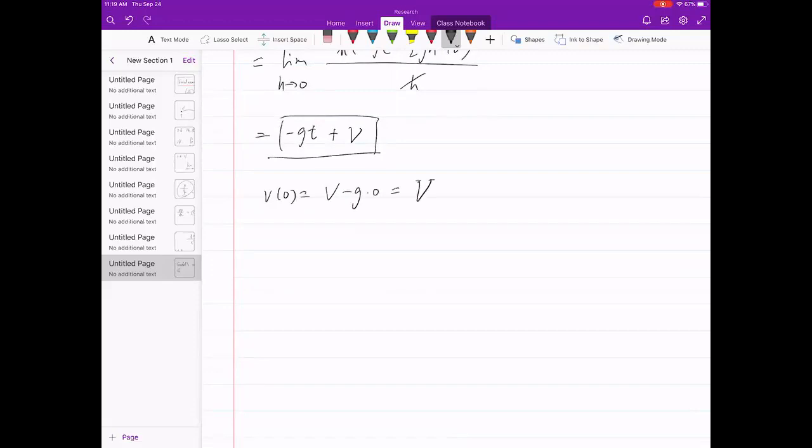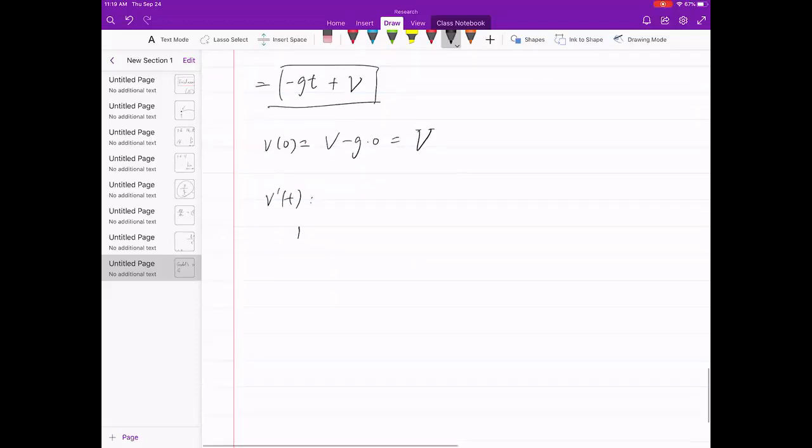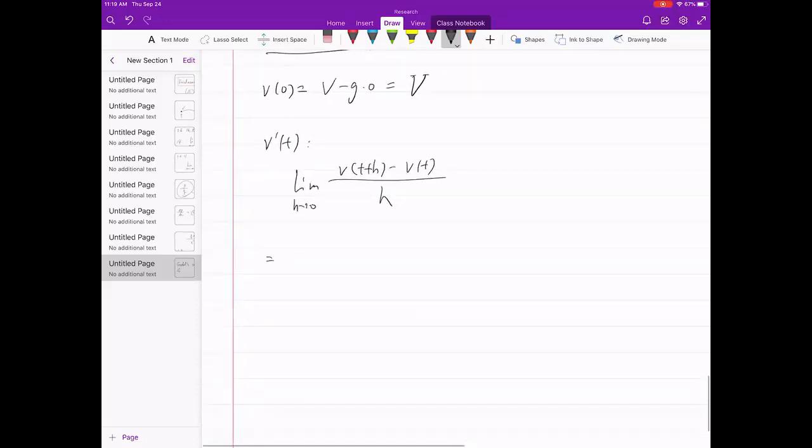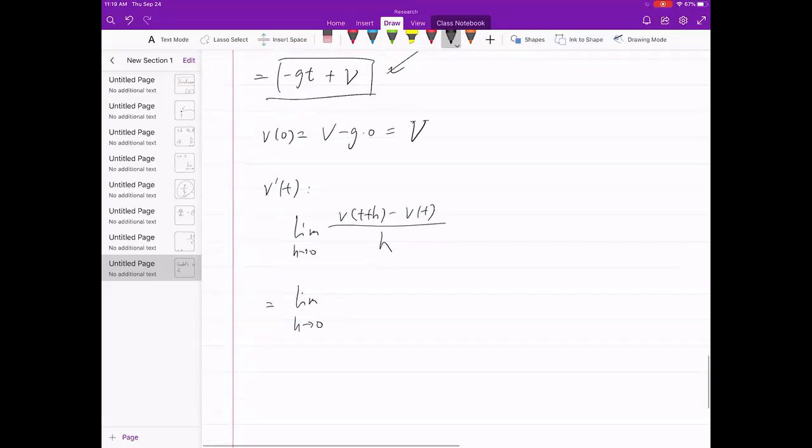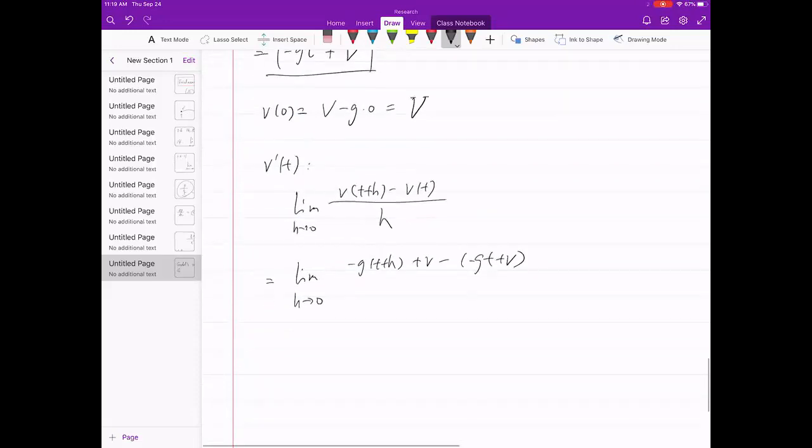And finally, for number 4, you're looking for v prime of t. You just repeat the limit as h goes to 0 of v(t plus h) minus v(t), divided by h, where for v, you plug in this: negative g (t plus h) plus v, minus negative g t plus v, divided by h.